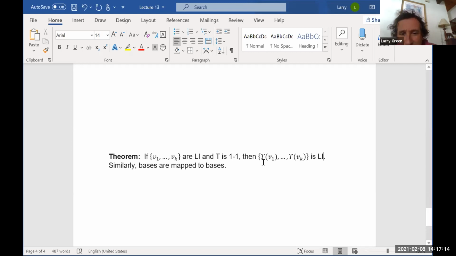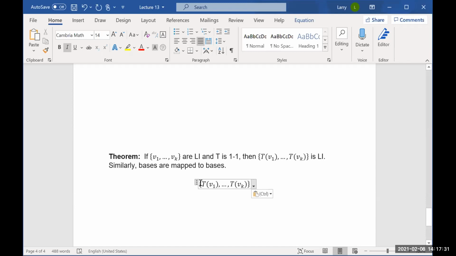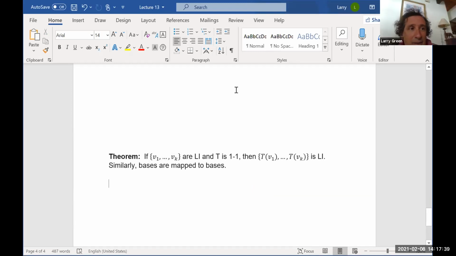So we're going to show that T of v1 through T of vk is linearly independent. How do you show a set of vectors are linearly independent? You set c1 v1 through ck vk equal to 0. So let's start there.